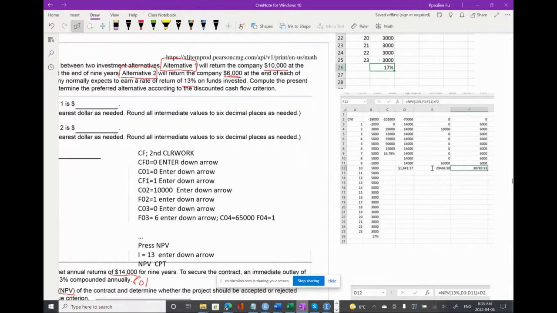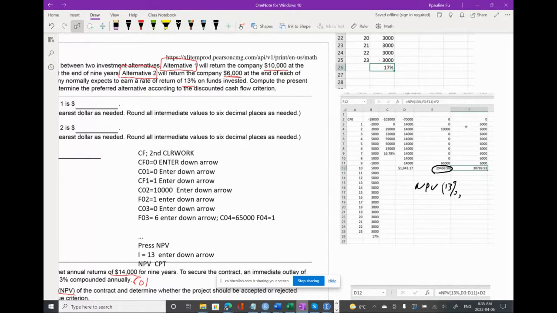And in Excel, you just type in equal NPV, net present value, bracket. It will ask you the rate, you type in 13%, and then it will ask you the range.